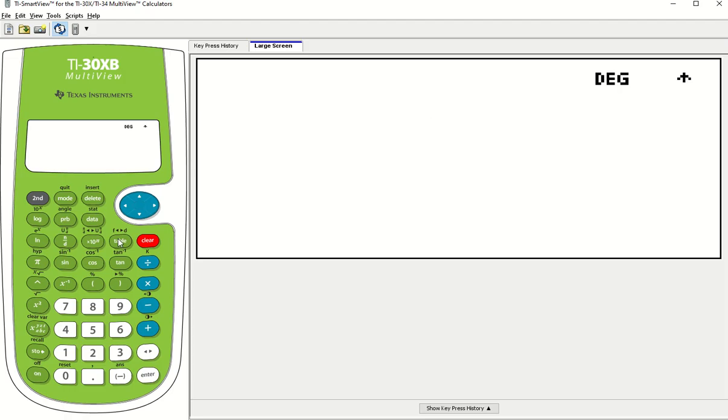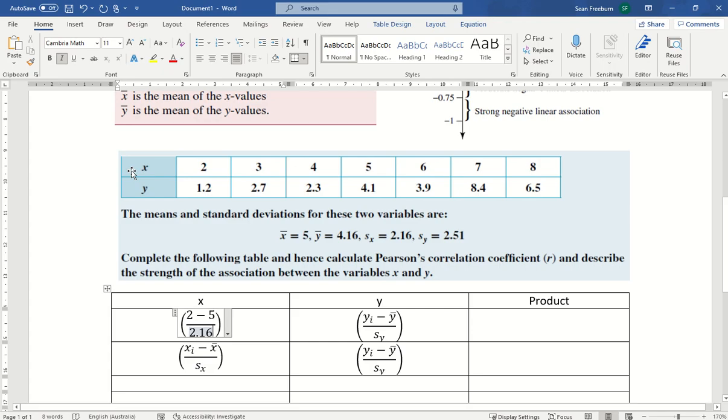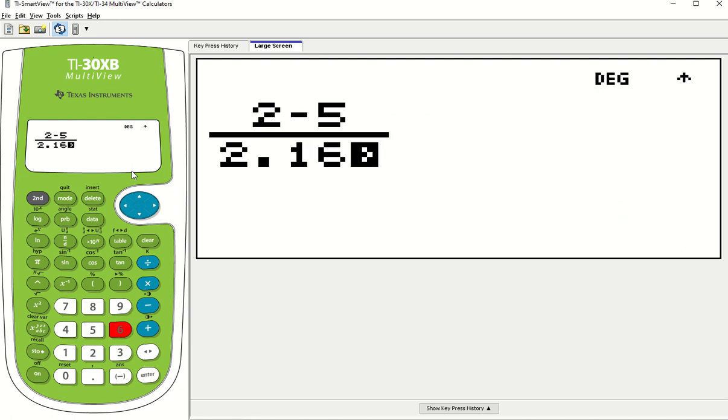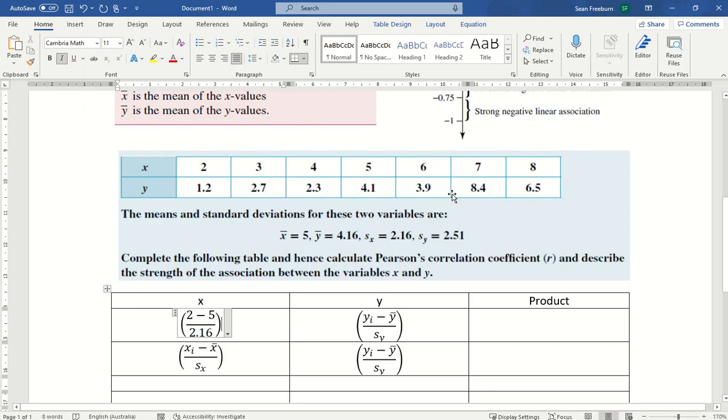So 2 take 5 divided by 2.16 gives me an answer of -1.38, or let's make that -1.39. I do the same thing for Y. The first Y data point is 1.2.